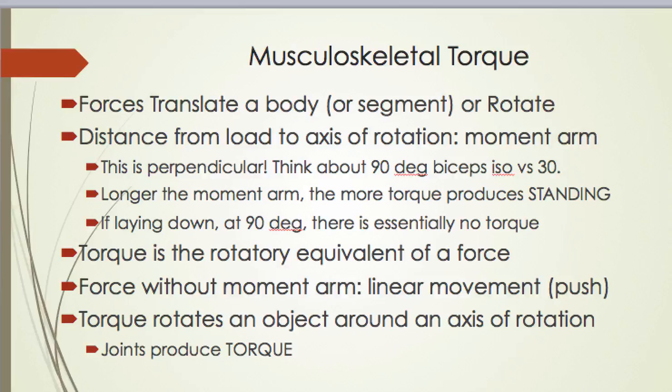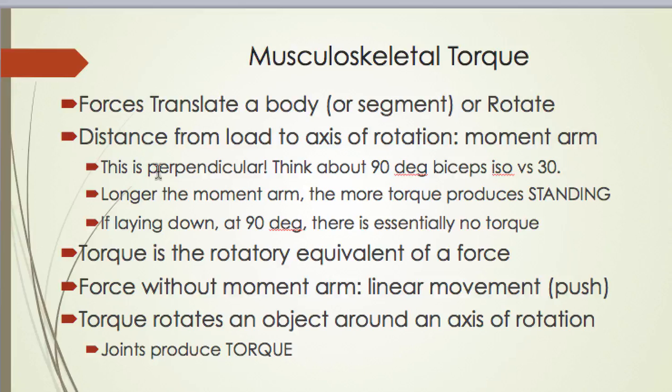So this is perpendicular. If we think about the biceps at 90 degrees versus the biceps at 30 degrees doing an isometric contraction, the moment arm is longer at 90 degrees than it is with the elbow at 30 degrees or the elbow at 120 degrees, right?